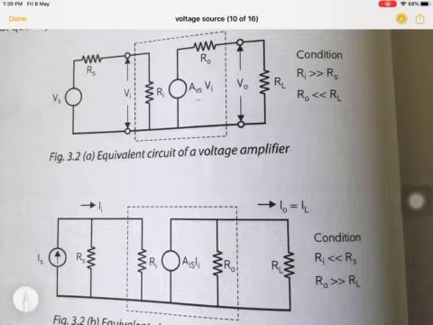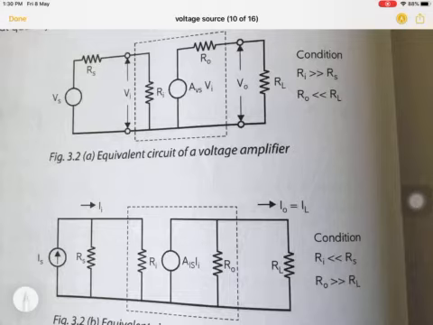AV is the gain, and gain multiplied with Vi is the output, in series with the output impedance, and after that is the load circuit. For ideal amplification, the input impedance should be much greater than RS to capture the full input voltage onto the input circuit. Similarly, for the voltage to be applied to the load, the output impedance of the amplifier should be much lower than the load resistance.